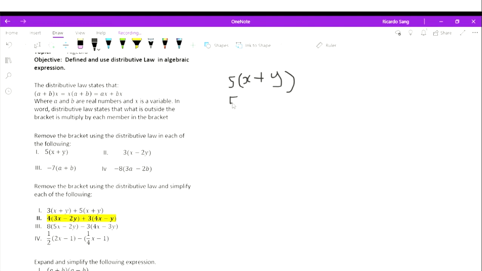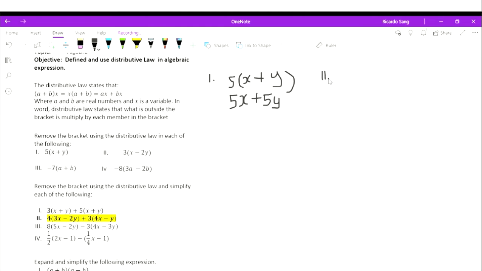So this is going to become 5x plus 5y. And you would have used distributive law to remove the bracket here.